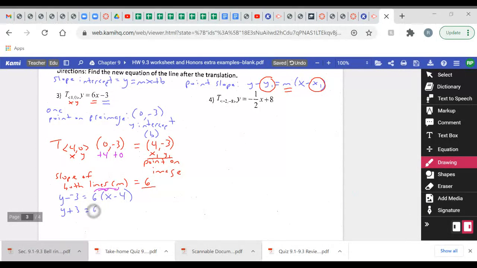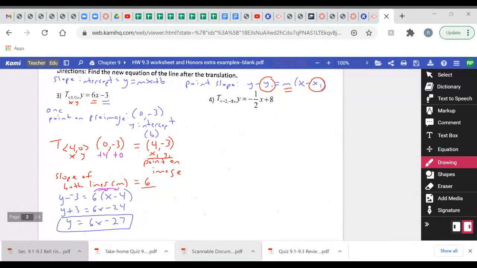That gives me 6x minus 24. And now to get y by itself, I can just subtract 3 from both sides and get 6x minus 27. And that would be my new equation of the line.